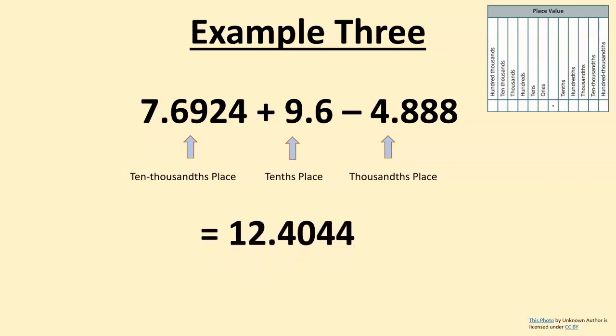We're going to put those values into our calculator, and we come back with 12.4044. Our final answer is going to be rounded to the 10th place, and so we're looking at a final answer of 12.4.